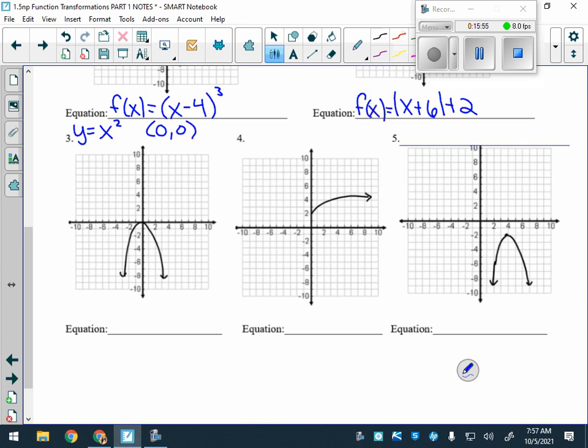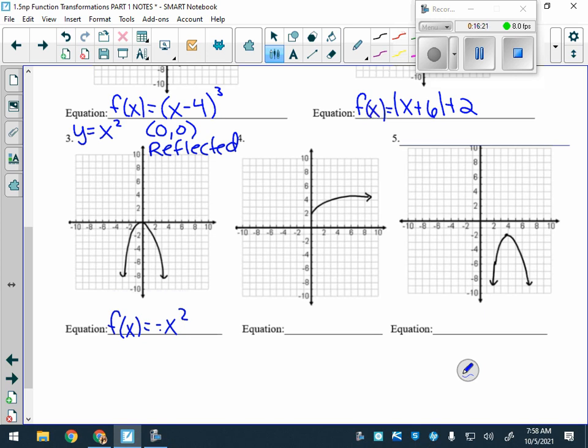But what else is going on with this graph? Emily? It's reflected. So what would be my equation? Yep, go ahead. Good. That's it. Awesome. The only thing that's different is we tack on a negative because it's reflected.